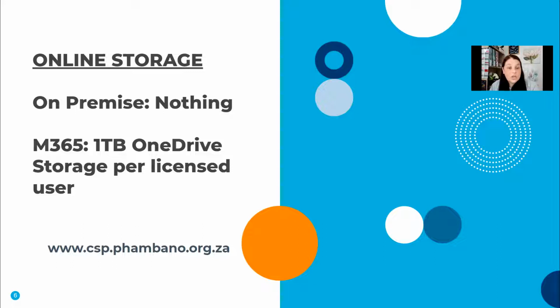So with online storage, with your M365 Business Premium application, you get 1 terabyte of OneDrive storage per licensed user. If you look at alternatives out there, and I do encourage you to go and have a look on our catalog, we have Box, we have Dropbox, we have Google Drive. There are so many other alternatives out there if you're wanting to go that route, but just pay attention to the amount of storage that you can apply for as a nonprofit.